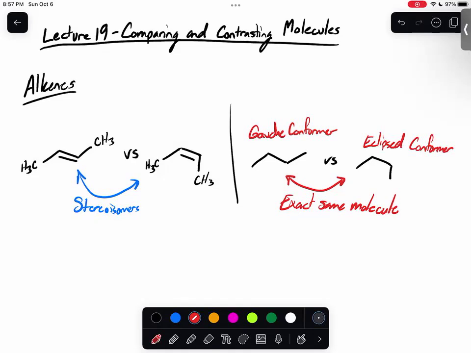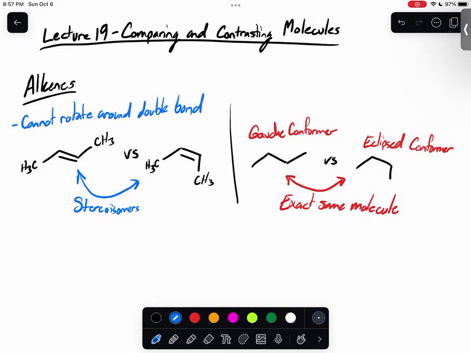On the other hand, alkenes are a little different. Because one property of alkenes makes them very different from single bonds, which I said all the way back in, I think it was lecture two, but we're back to it, where you cannot rotate around double bonds. Right? The rotation around a double bond is much too energetically unstable to actually occur.